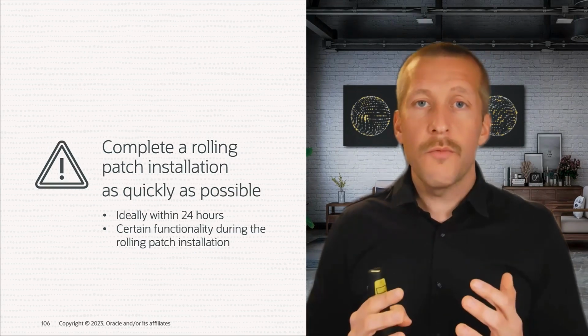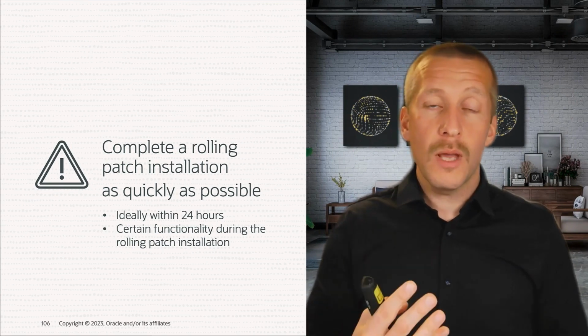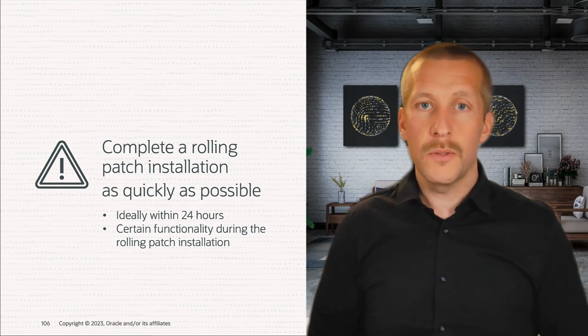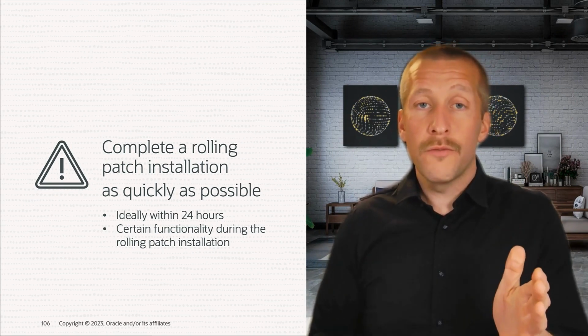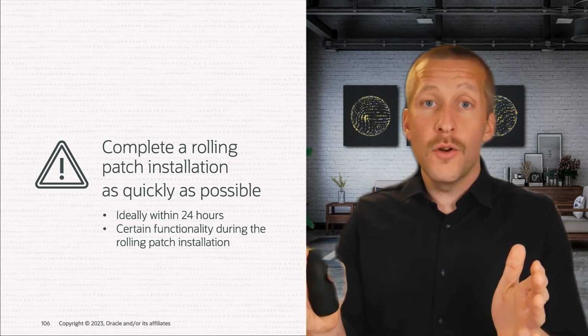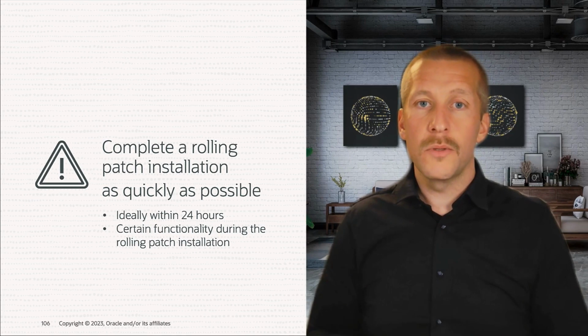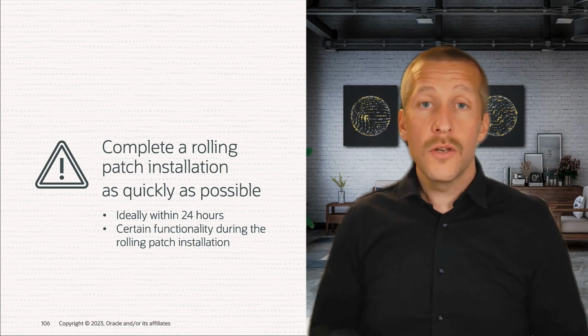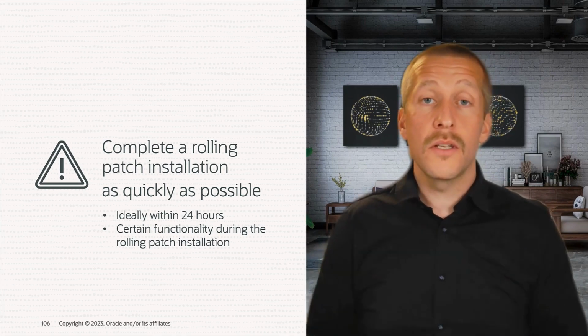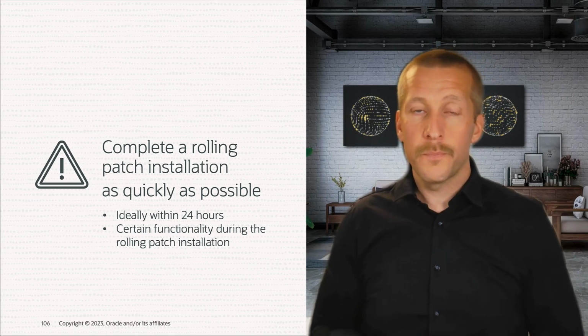I strongly recommend that you complete a rolling patch installation as soon as possible. When you start to work on the first instance, you should finish your work. You should finish patching the entire cluster as soon as possible. Ideally, you need to process all instances in your cluster within 24 hours.